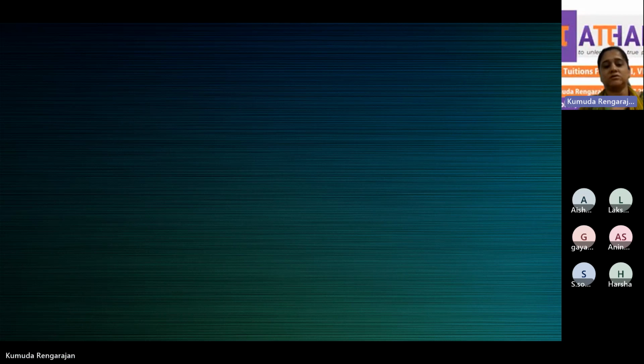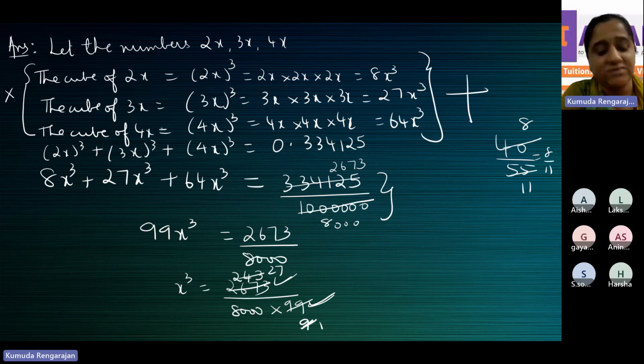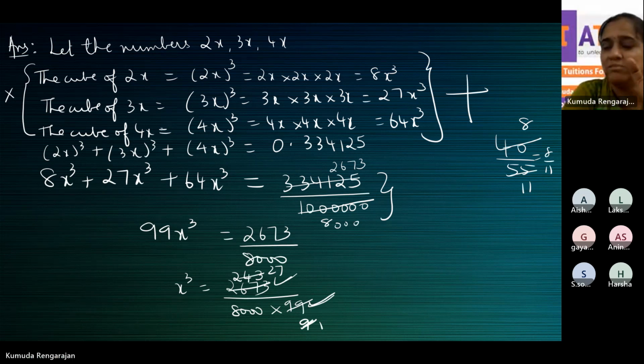Take down, children. So once again, when you have a decimal number, shift the decimal point and convert the decimal number to a fraction. That's important. And when you convert it to a fraction, simplification may be possible.